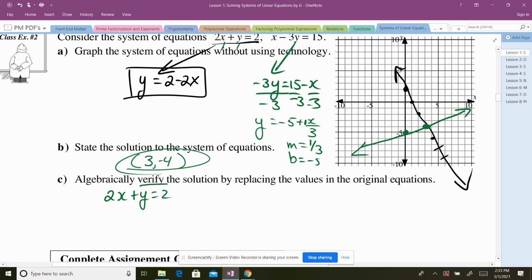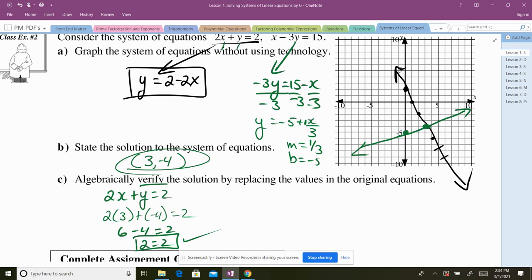My x value is 3, so I sub that in for x. My y value is negative 4, so I sub that in for y. What's 2 times 3? What's 6 minus 4? Does 2 equal 2? That makes sense, right? So you know you did it right. And if you did it for the other one, you should get a true statement as well. Okay, so that's a way you can verify it.